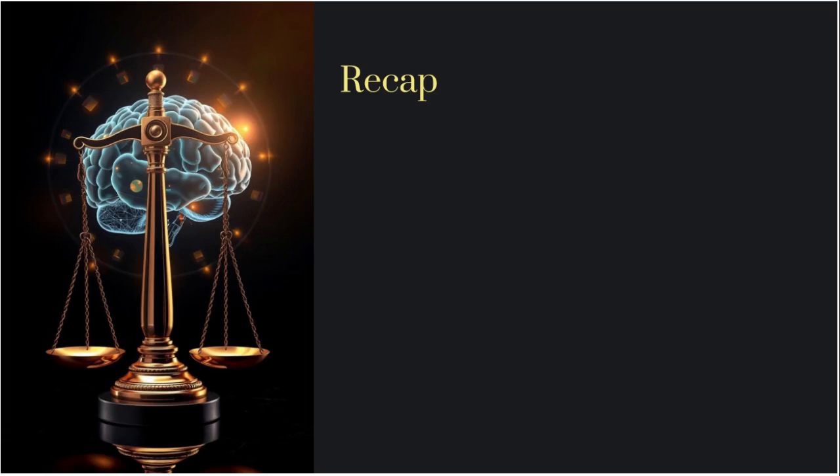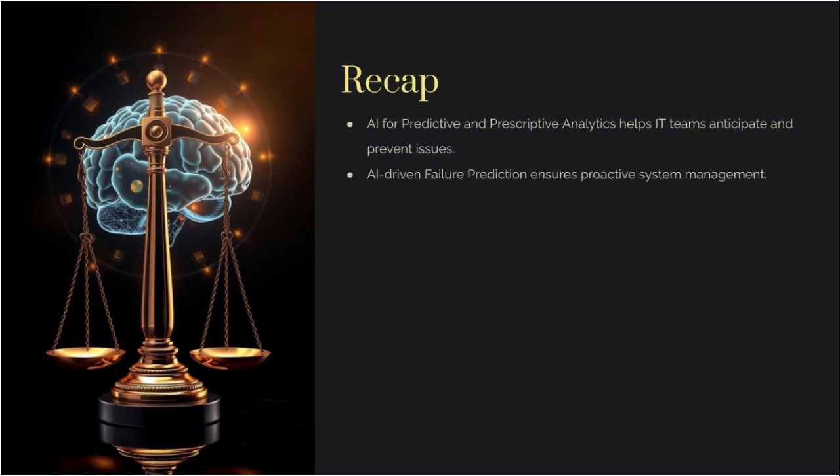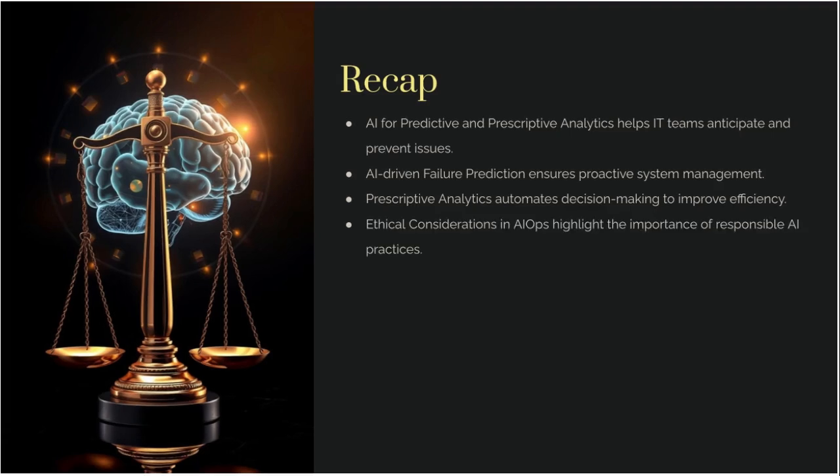Before we wrap up, let's quickly review what we covered in this tutorial. 1. AI for predictive and prescriptive analytics helps IT teams anticipate and prevent issues. 2. AI-driven failure prediction ensures proactive system management. 3. Prescriptive analytics automates decision-making to improve efficiency. 4.